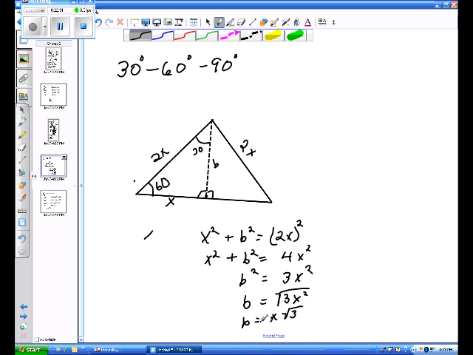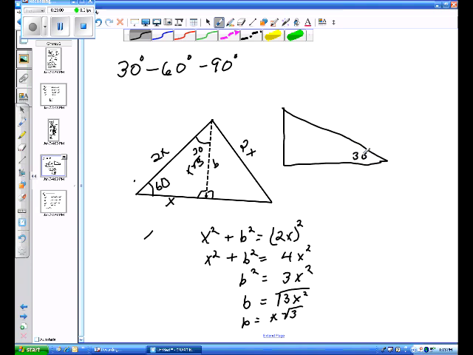So we now have a ratio for the sides of our triangle. The height would be x square root of 3. So let me just try to draw a right triangle over here. What it turns out then, our sides are always in a particular ratio.